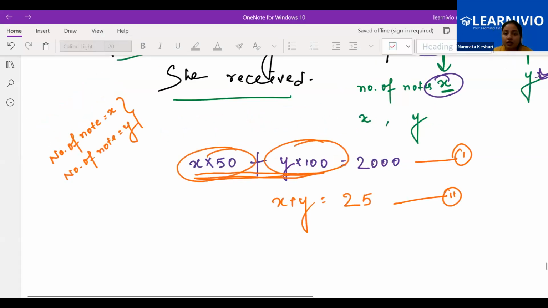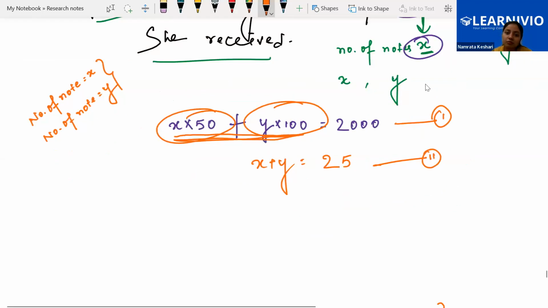Yes, Harshit, easily you will be able to take out a bigger number instead of 5 and 2. 50 is there, 100 is there. A number I want to take common which must be there in both. 50, ma'am. Common factor, 50 it will be. Exactly. We can take out 50 as a common factor.